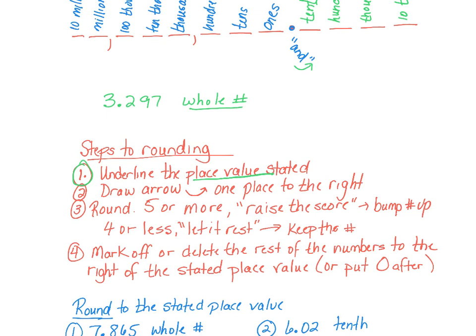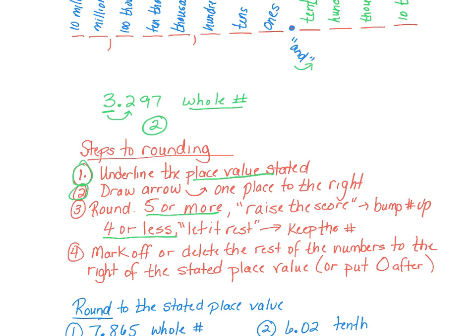I find the whole number in this problem, which would be right here. I underline it. Second thing I need to do is draw an arrow one place to the right of it, right there. And I look at that number in that place, which is 2.